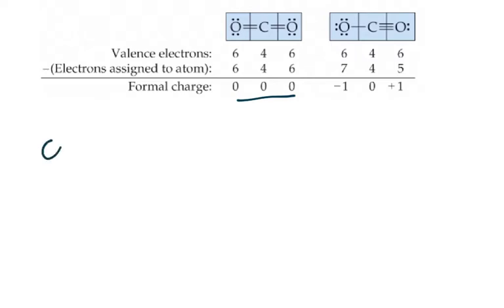First, the oxygen on the left: the valence is 6 for oxygen. There are 2 sticks surrounding oxygen, so minus 2. And oxygen has 4 non-bonding electrons, or 4 dots. So 6 minus 2 minus 4 is 0. The oxygen on the other side is identical. So now you know how they got these zeros.